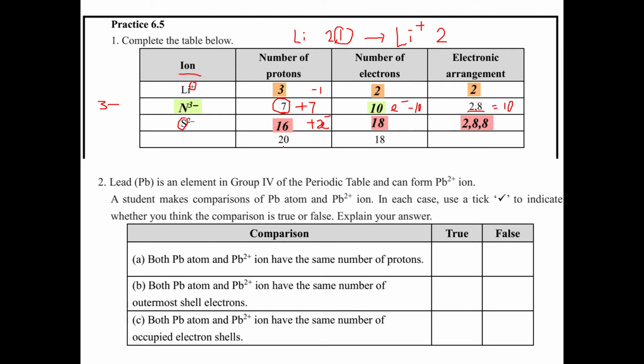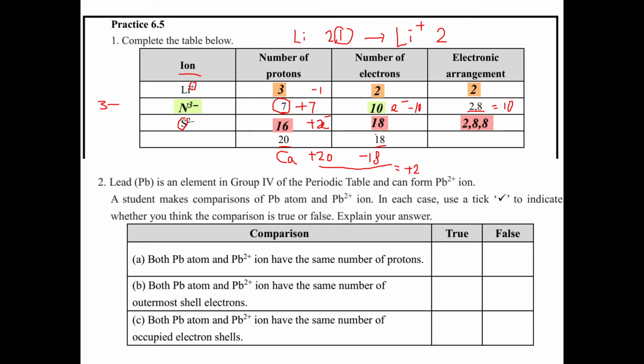The last one has 20 protons, so 20 should be calcium. And the number of electrons is 18. So positive 20 and minus 18, the total charge should be positive 2.